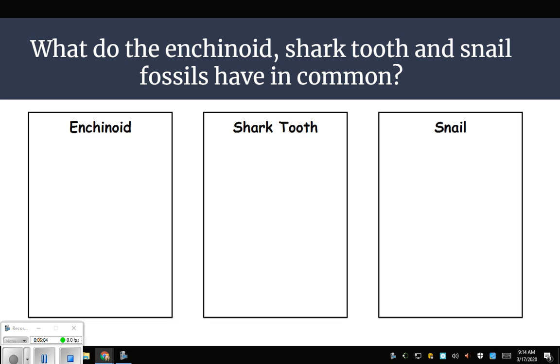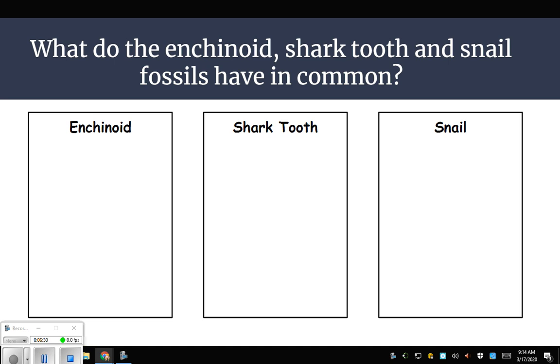Okay, so what do they have in common? Well, first of all, they're all marine animals. They all live in bodies of water. Marine means water. The fossils are made from hard parts, either bone or shell. Remember, a tooth is technically a bone. So that is why you see that.